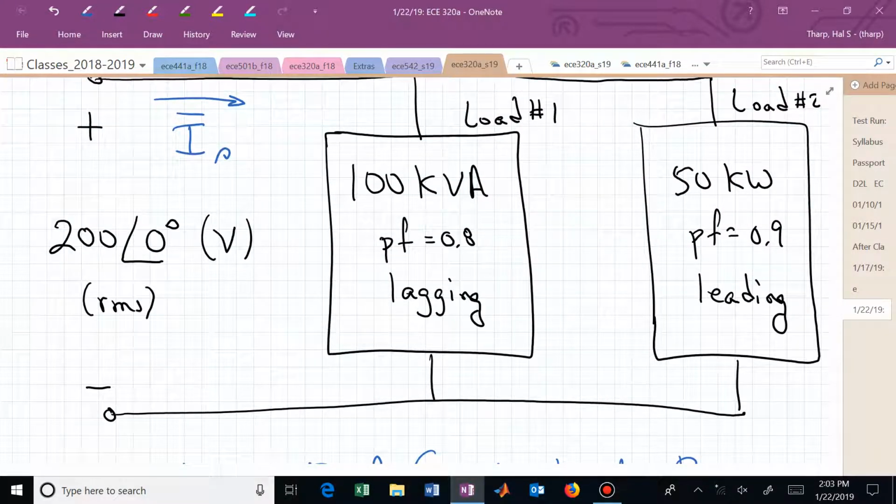Let's do that now for these different pieces. We have load 1 and load 2, and again, they're not all giving us the same flavors of powers. We have different powers, and we determine what powers we have by the information that's been given to us. And here, the key piece of information concerns or is connected to the units.